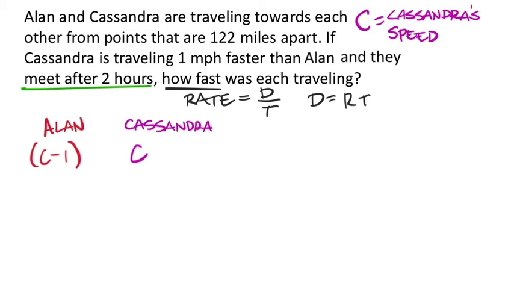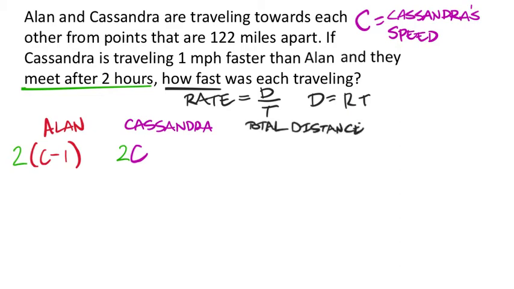Cassandra's speed is just C, right? That's what we defined it as. And then we would multiply those rates by the time. We know they both traveled 2 hours, so I can just multiply both of these by 2. See how that's setting up pretty good, right? And then the distance that they're going to travel together.